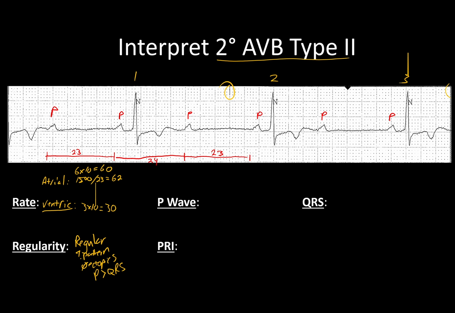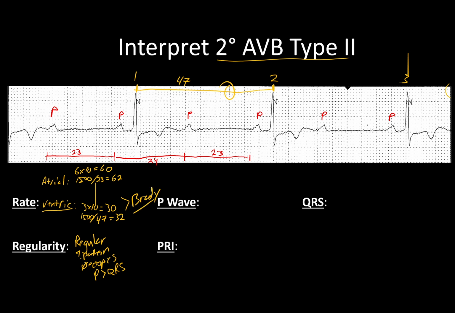As for our ventricular rate, if I measure from this R wave on number 1 all the way to the R wave on number 2, we have a distance of 47. That gives us a heart rate of 32. Bradycardic for certain.